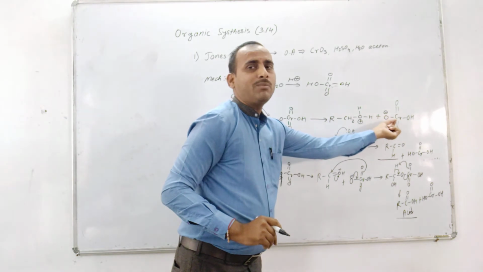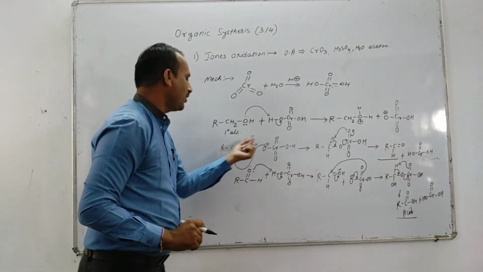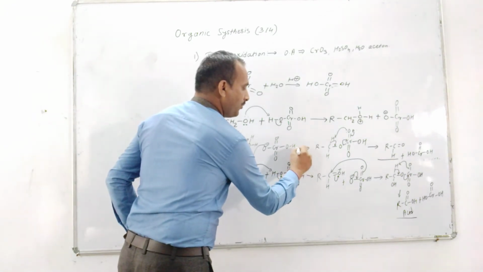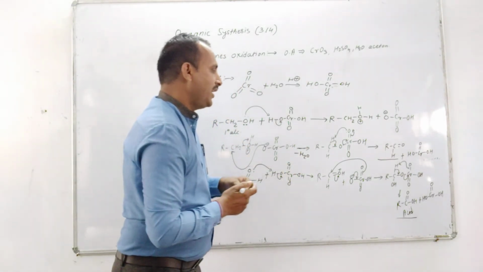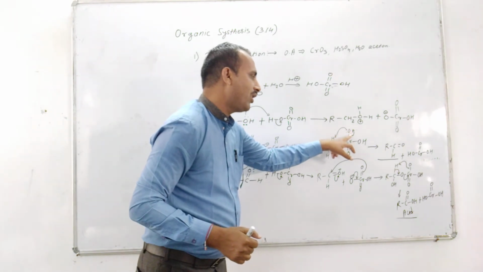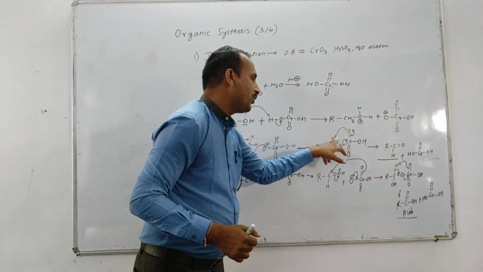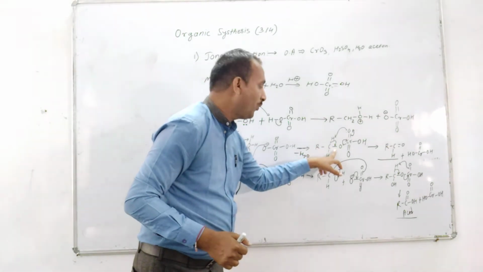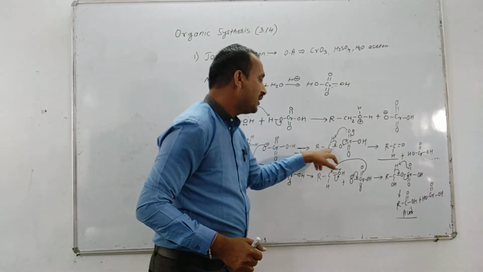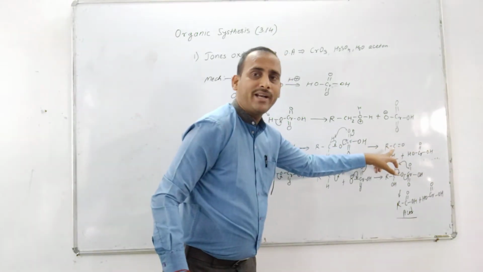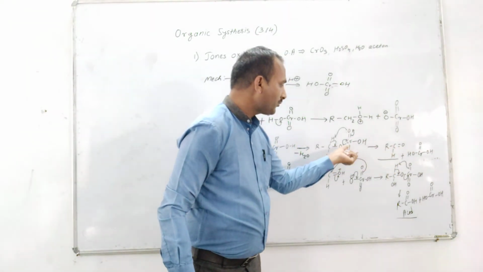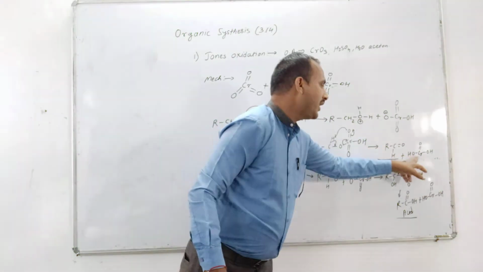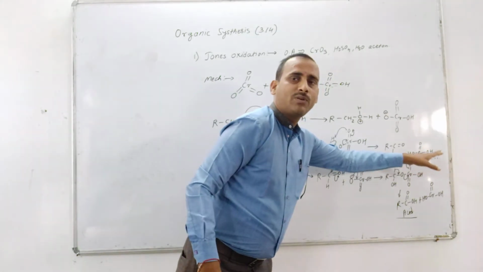Then this oxygen minus attacks the CH2, then loss of water molecule. After that the single bond shifts here to form C double bond O, that is RCHO, formation of aldehyde takes place, and HO-Cr double bond O, OH is formed.